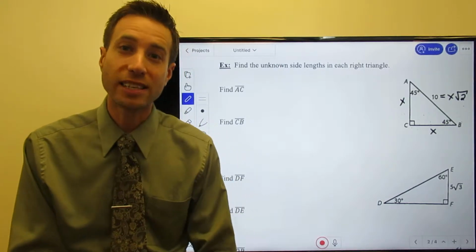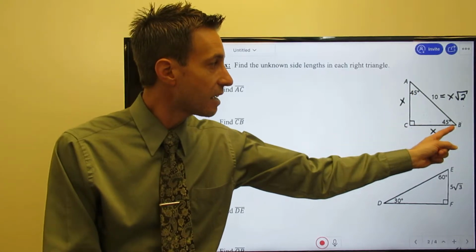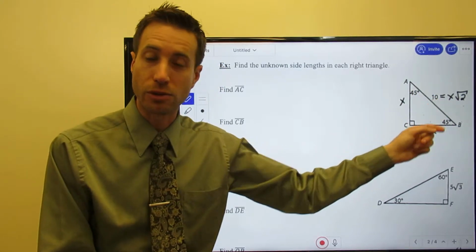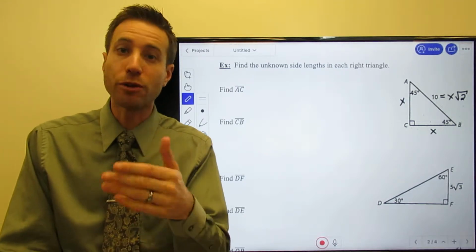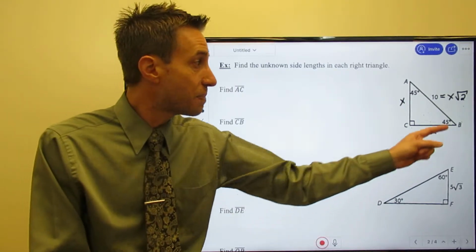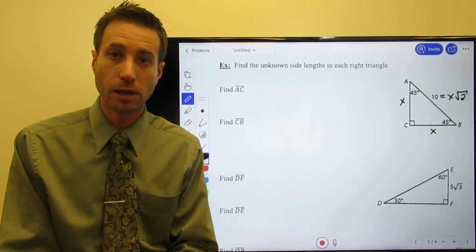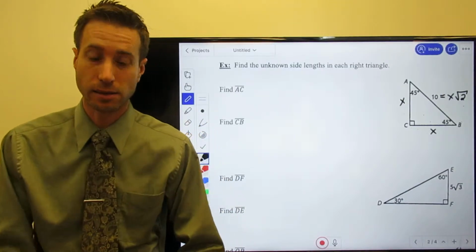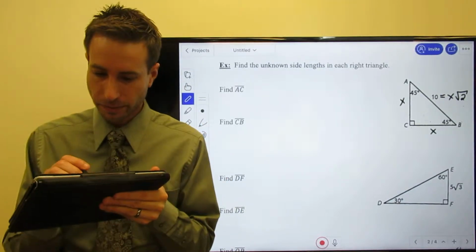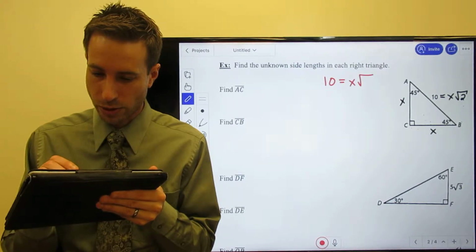Now, here's the way that these are going to work. Please notice, in the diagram, I gave you the length of the hypotenuse. It's 10. So that means that the length of the hypotenuse, which is 10, has to be equal to x times the square root of 2. Solve for x. Okay, here we go. 10 equals x times the square root of 2.